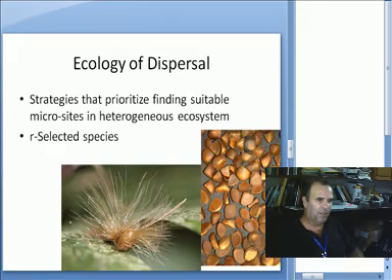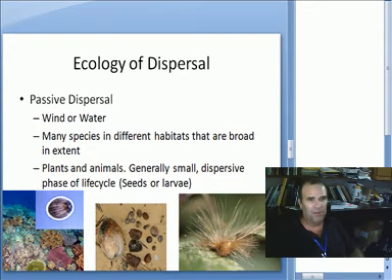There are a few organisms which are adapted to great distances. They are mainly involved with passive dispersal, in other words, dispersal not through powered flight, not through motile movement. Instead, they just get carried by the wind or the water.